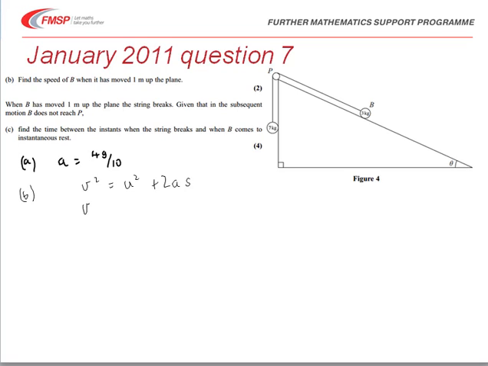We know that it starts from rest, so u is equal to 0. We know that the acceleration is 4g over 10. And if the distance is 1, then we have that simple equation, and that gives us a value of v equal to 2.8 meters per second.